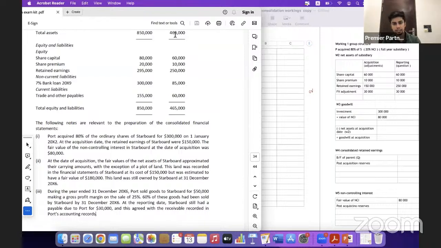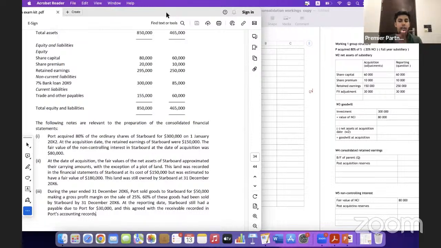Always understand, when one party sells goods to another party, a parent selling goods to a subsidiary with a profit, or a subsidiary selling goods to the parent with a profit, and those stocks are left inside the business. In our case, the parent sold to the subsidiary keeping a 25% profit, and 60% has been sold, meaning 40% is still left.